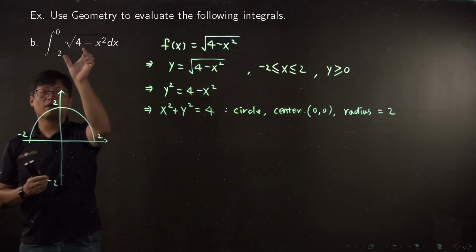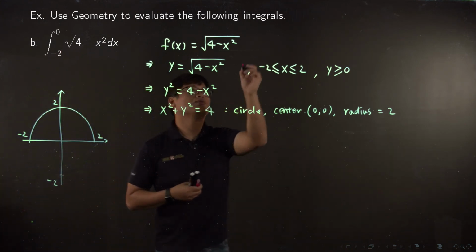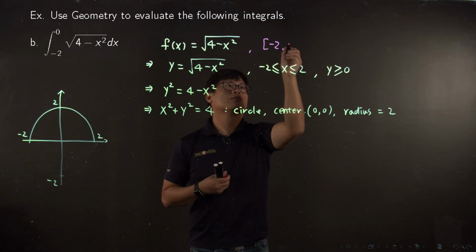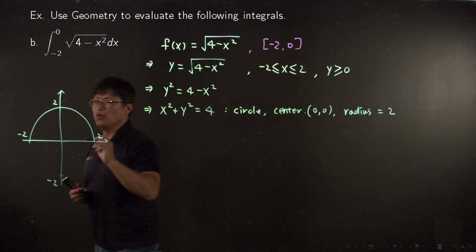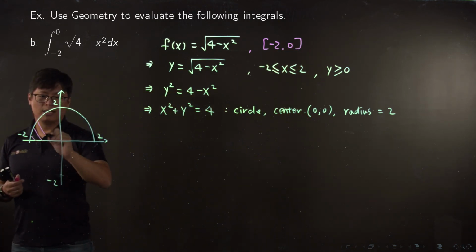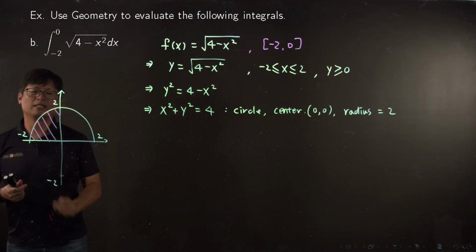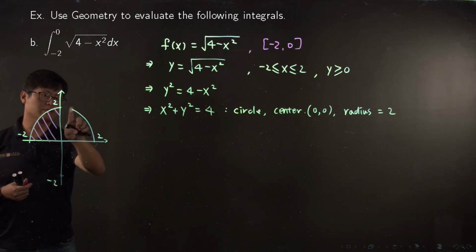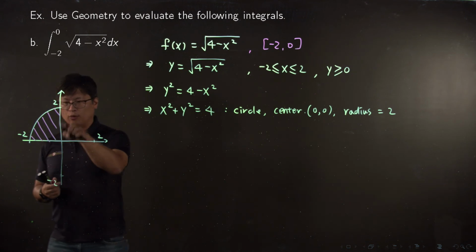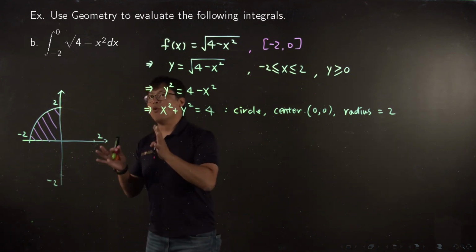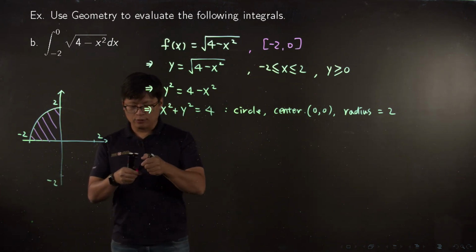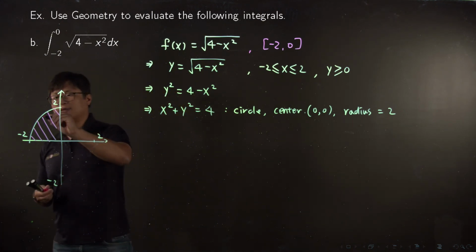The interval for the integral is -2 to 0, right? So we will talk about this side only. Let me erase this part. This is not yours. So we have only this part, which is 1/4 of the circle. Now we can easily find the area of this, right?